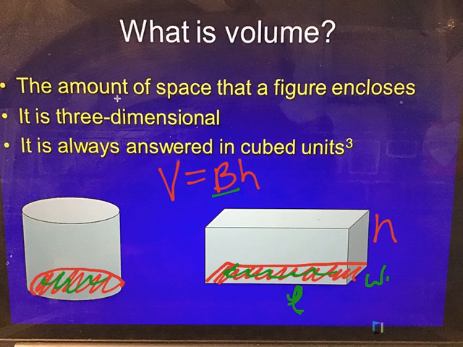You find the area of the bottom, which is a circle, so it's pi r squared, then times h. So this formula became length times width times height, because that capital B stands for area of the bottom shape.